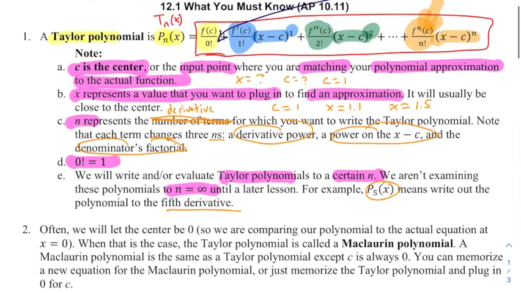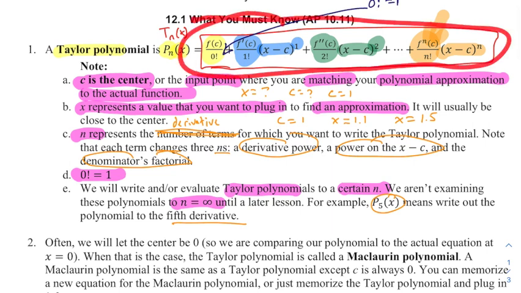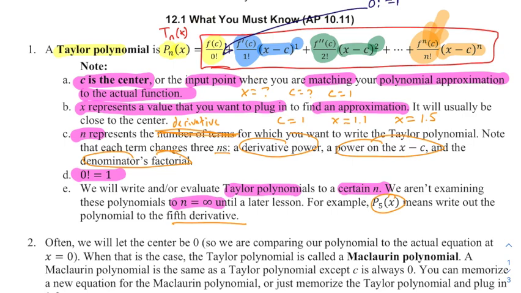Okay, so big picture for a second. You're going to memorize this formula, and really you're just going to memorize the pattern that happens over and over again. You'll be asked to find it to a certain degree or a certain derivative, that will be your n, or a certain number of terms. So your n will be 1 less than that because your constant term counts as 1. That'd be like a degree of 0.